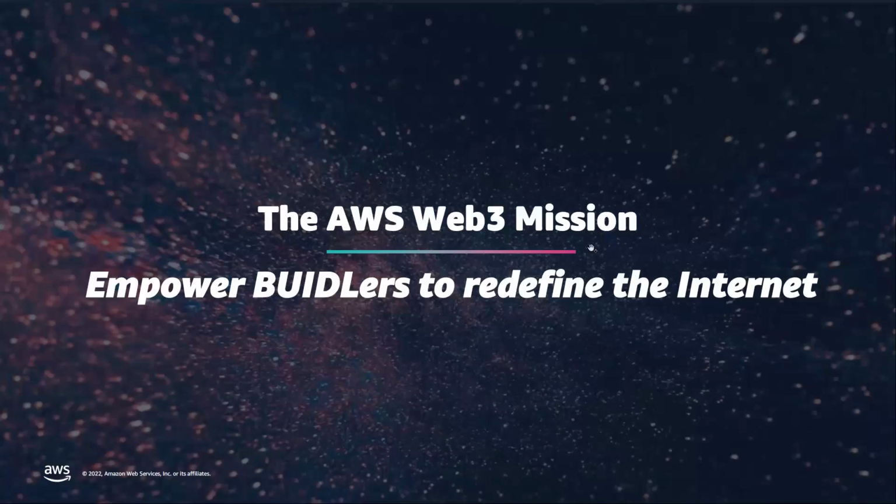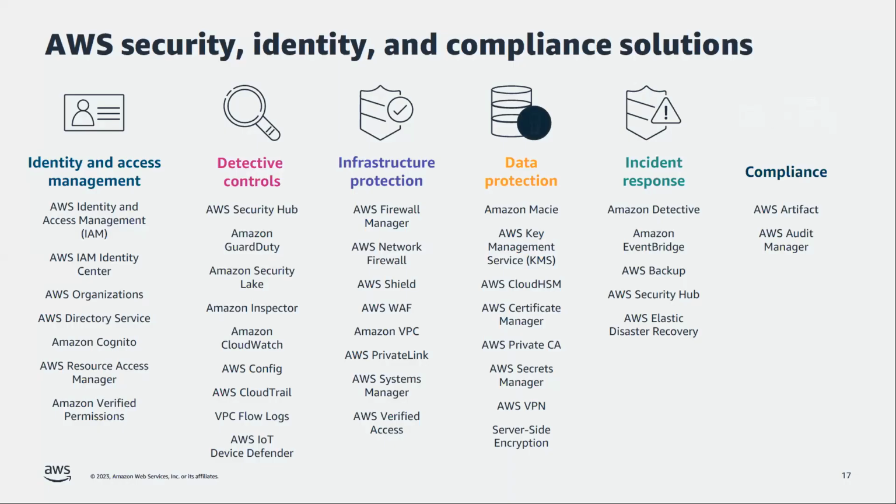In AWS, security is our first priority, no matter internally or externally. We empower our builders to build their services on top of our infrastructure, and we provide different security features. For example, we have the identity and access management solution, which allows you to set different permissions for different users within your development team or operation team.